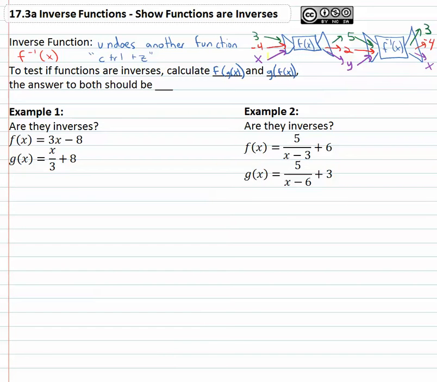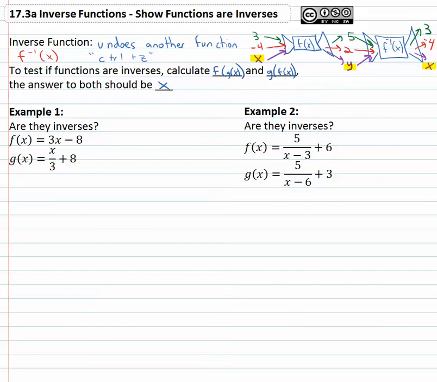When we do that, notice the x that went in came out as a y, and the inverse changed it back into an x. Whenever you go through both functions, the answer should be x if they are truly inverse functions. Not x plus 3, not the square root of x, simply x. If they are truly inverses, it should take you back to where you started.